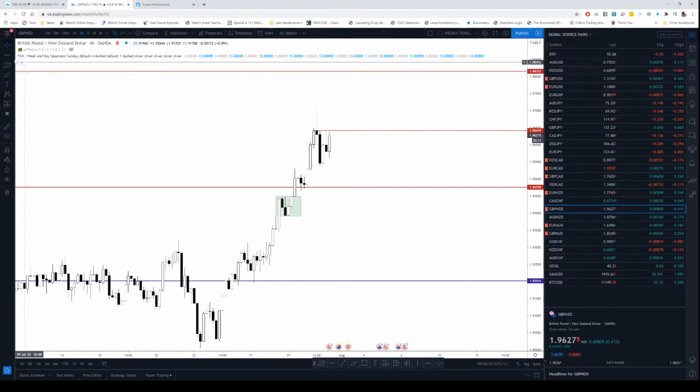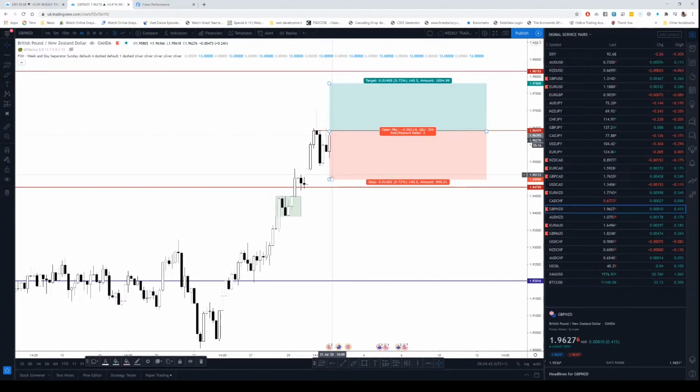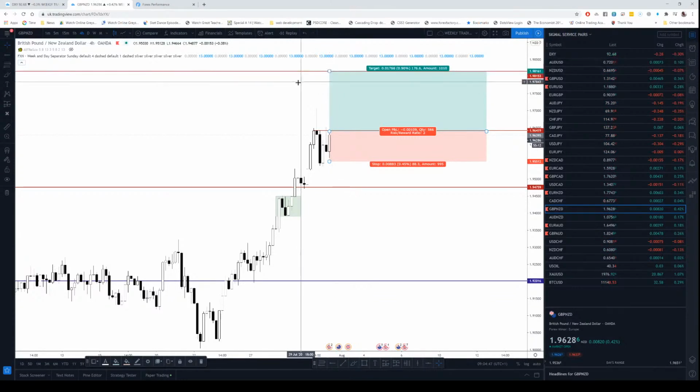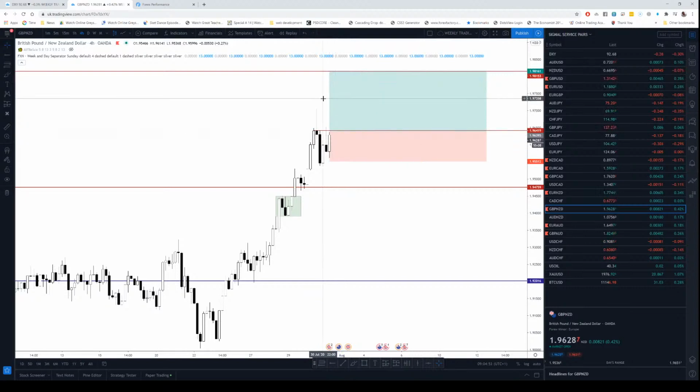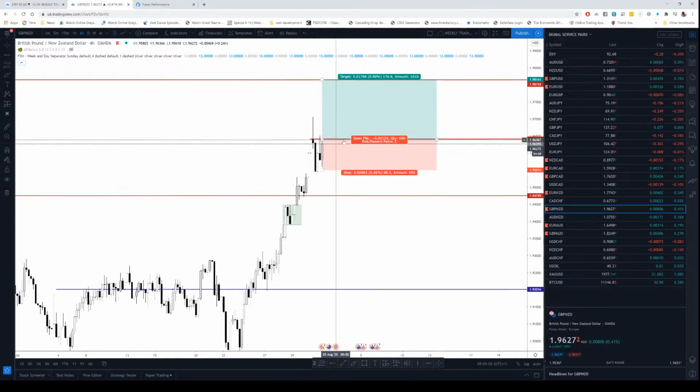If it closes above it, then you take a long like this today. That's about 176 pips. That's a lot. So if it does close above it, look for a buy to that level. But you have to wait for the close above this. If it doesn't close above it, do not buy it, because it might be a trap.